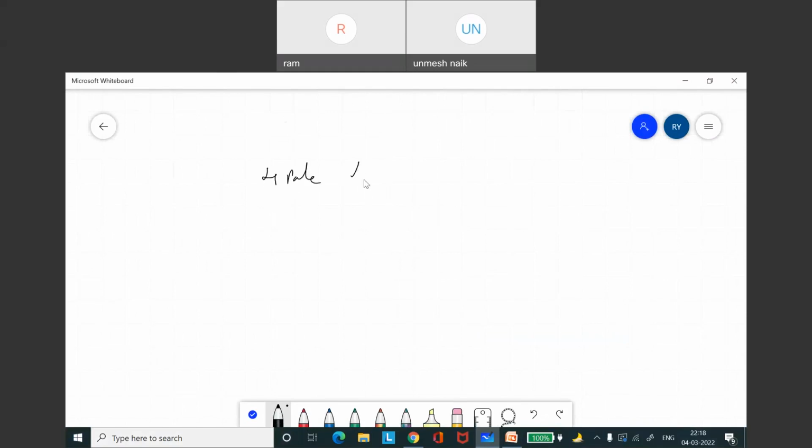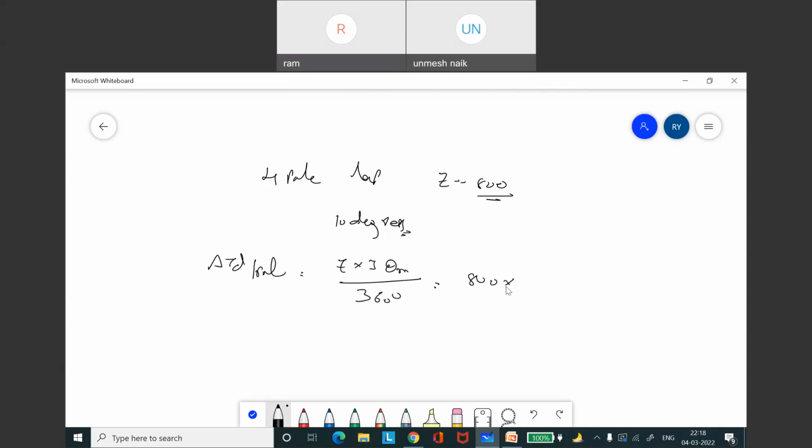Four pole, lap connected, Z equal to... diagonally shifted by 10 degrees. AC per pole equal to Z I by theta by 360. I is 80 amps, they have given 80 amps at M1.